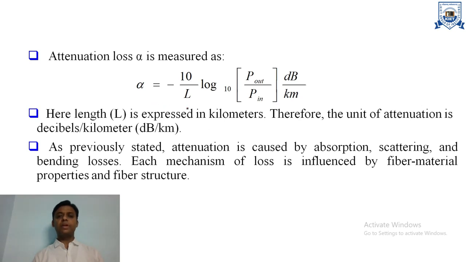From this formula we can calculate the attenuation or loss through the optical fiber. As we know, attenuation is caused by absorption, scattering and bending losses. Each mechanism of loss is influenced by fiber material properties and fiber structure.